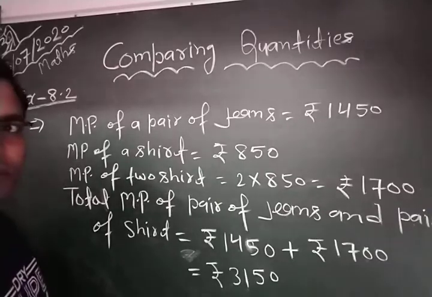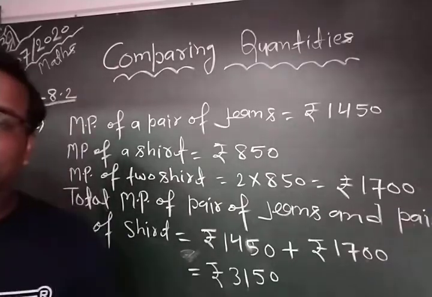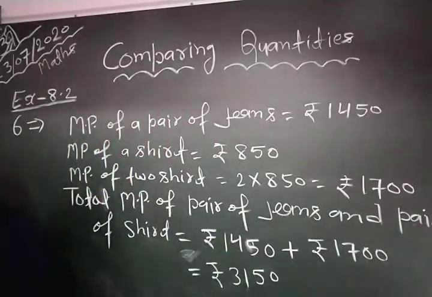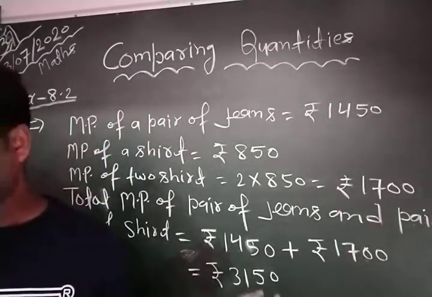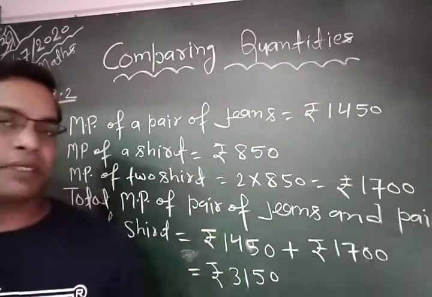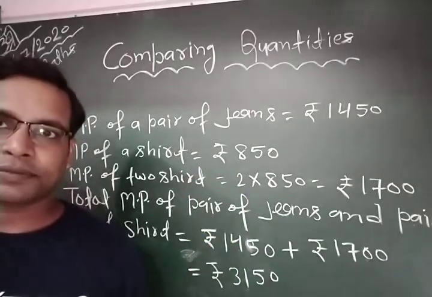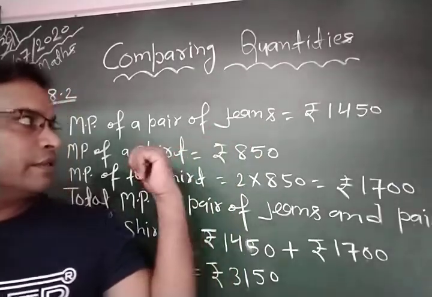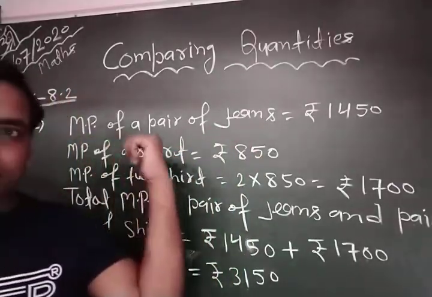Now the discount given on each item is 10%. The rate of discount on all items is 10%. Clear?